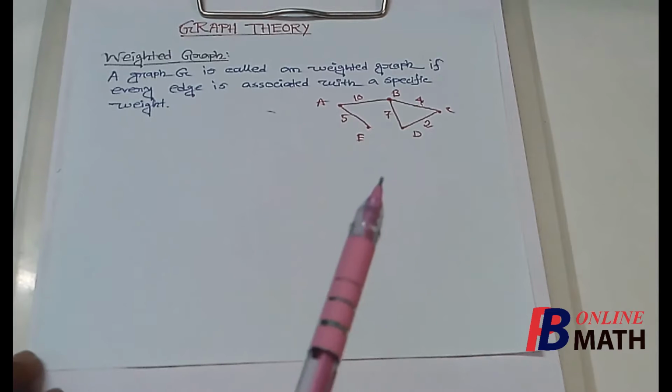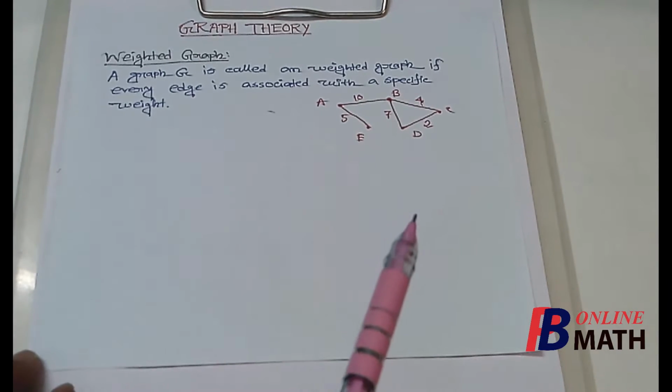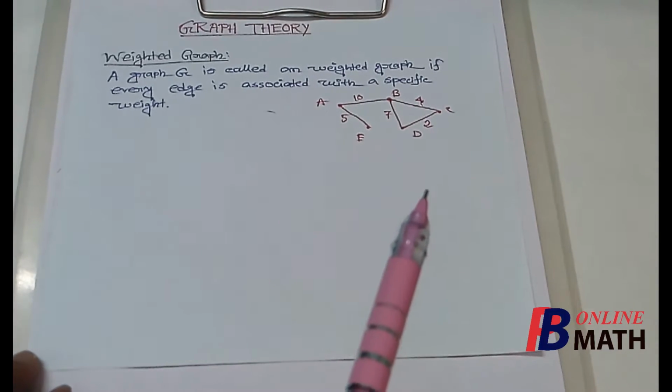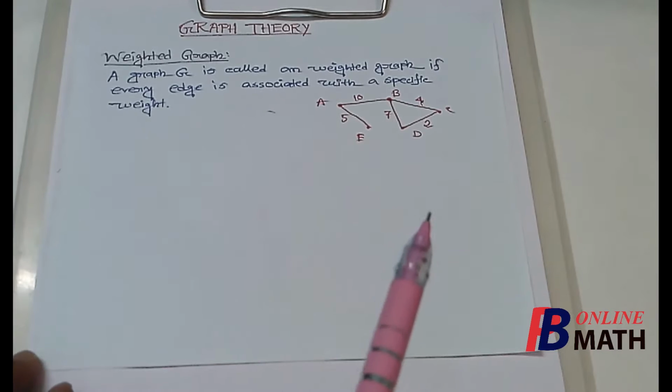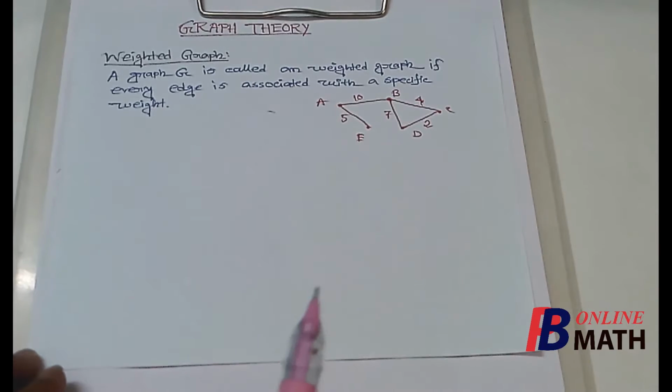Now if the graph is simple and contains a small number of vertices, then we can easily find the shortest distance or the shortest path between any two vertices. But if the graph becomes complicated, then this is not easy to find. Then we shall find a method by which we can find the shortest path and the corresponding shortest distance between any two vertices of a simple graph.